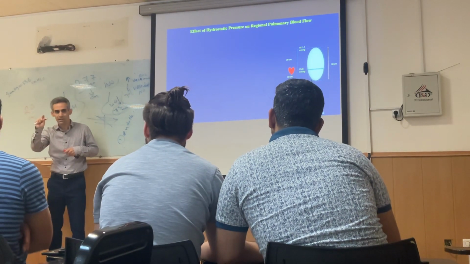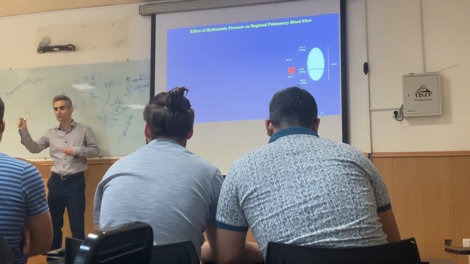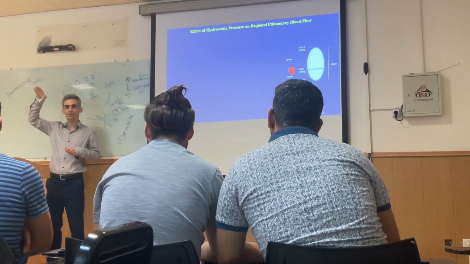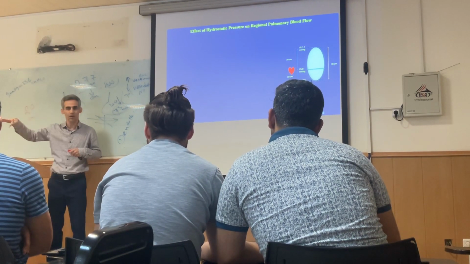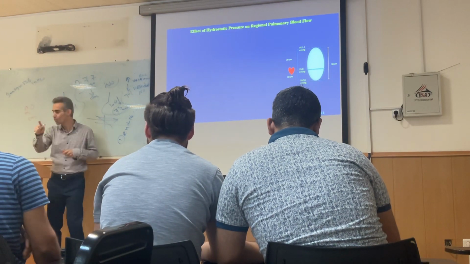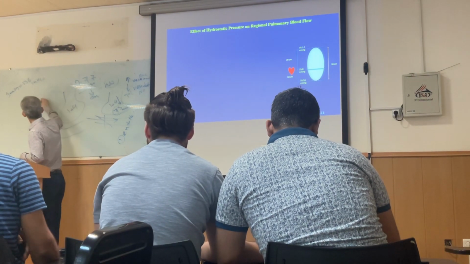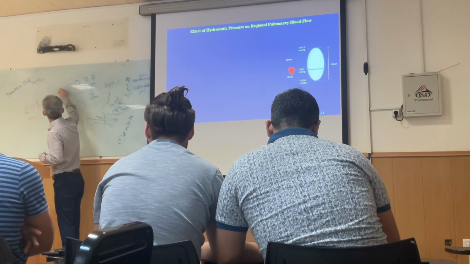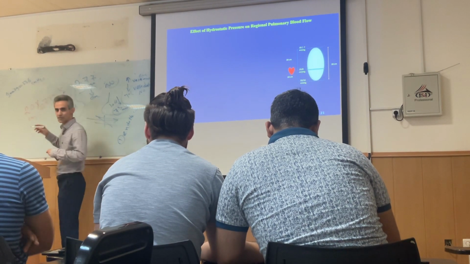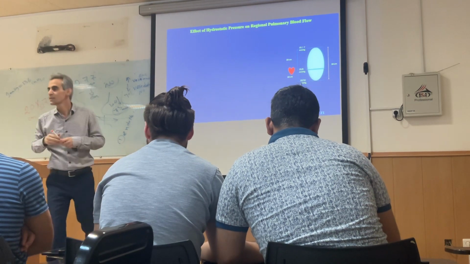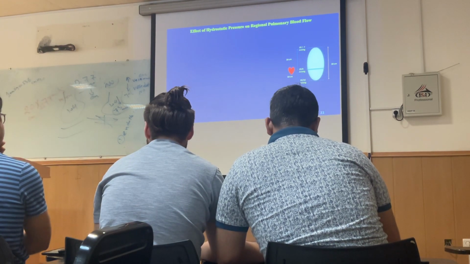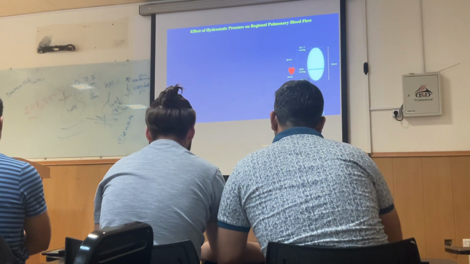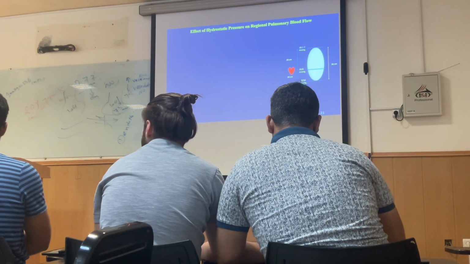For each centimeter, 0.77 millimeter of mercury, we have pressure changes. So 20 multiplied by 0.77 is about 15 millimeters of mercury. So 15 millimeters of mercury, the pressure at the top of the lung should be less than heart level.